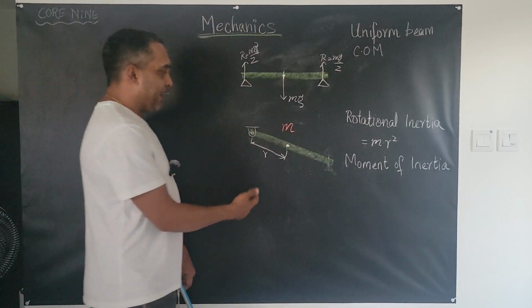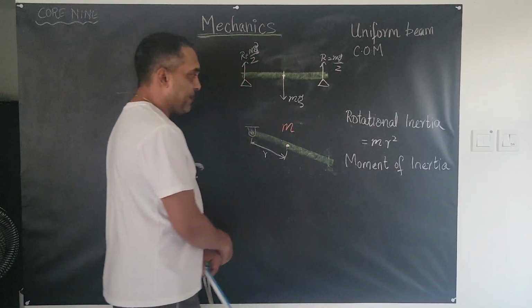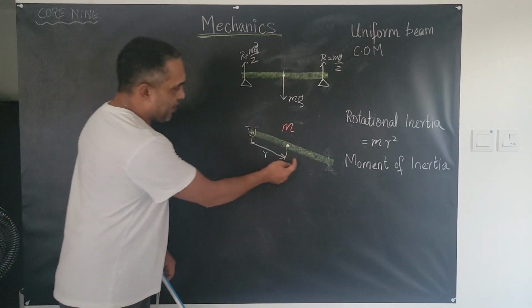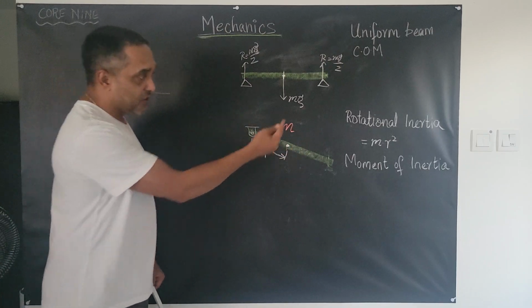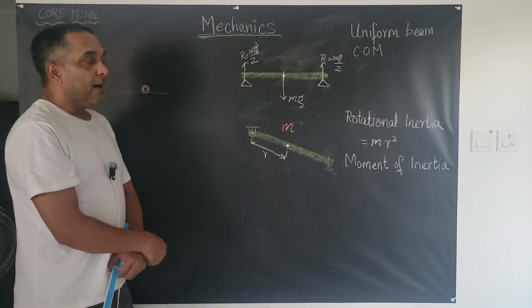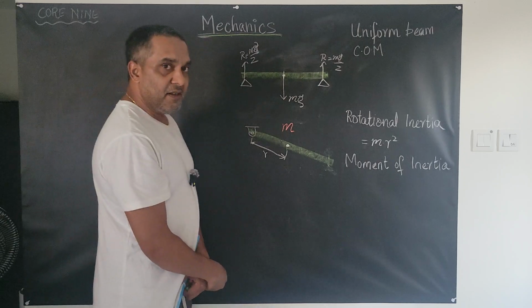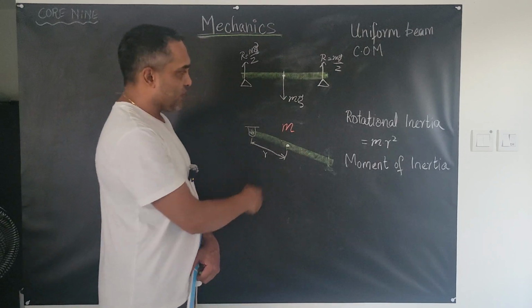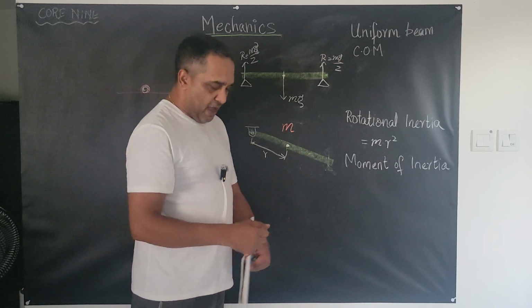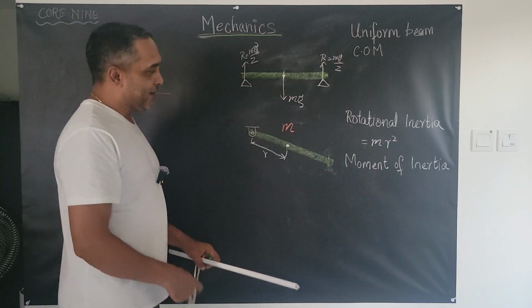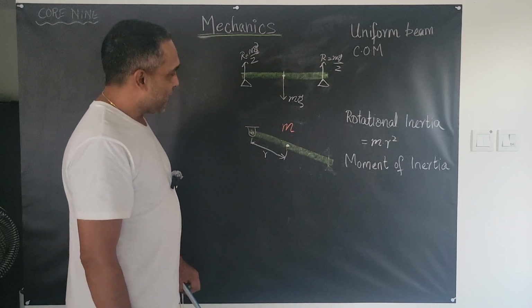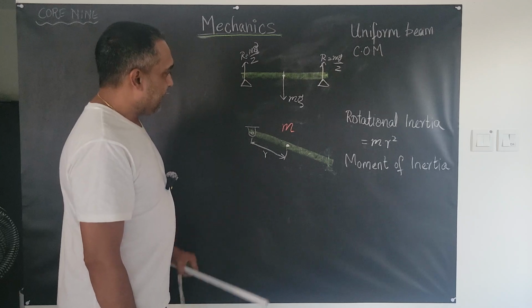You wouldn't get a negative value, of course, because r doesn't become negative. If I gave it a negative directional r, the square just makes it positive, and mass can never be negative. So just keep in mind that if you're calculating moment of inertia and you're getting a negative value, something's not right. So that's just an idea.